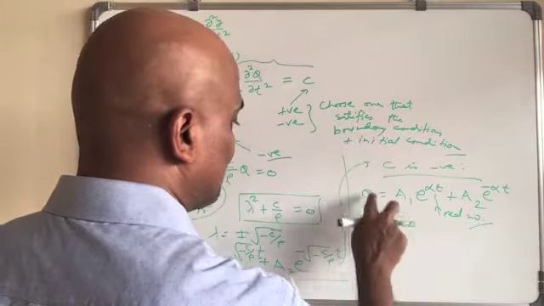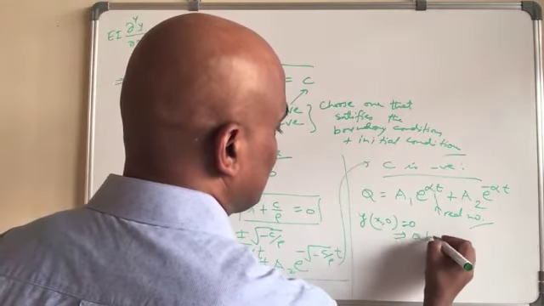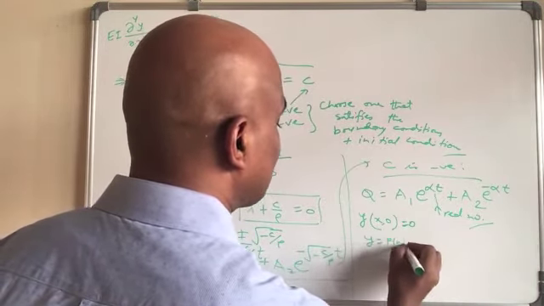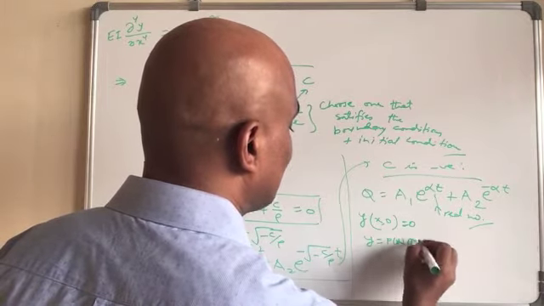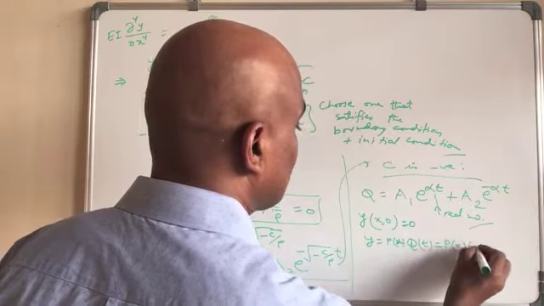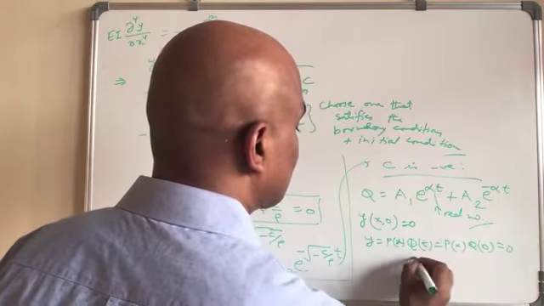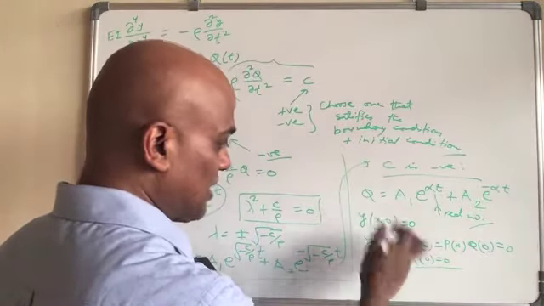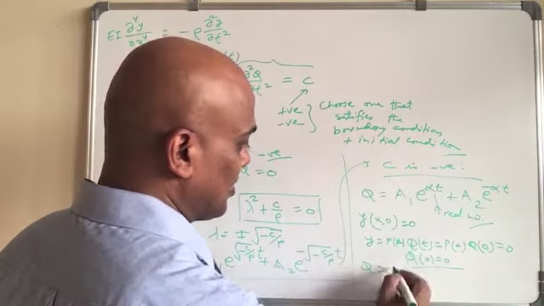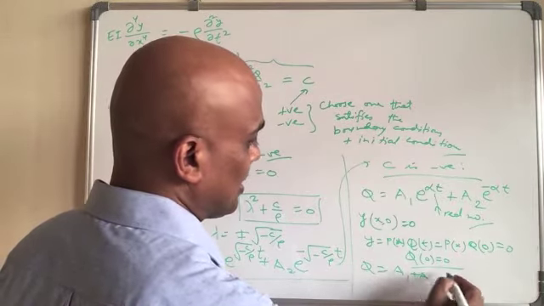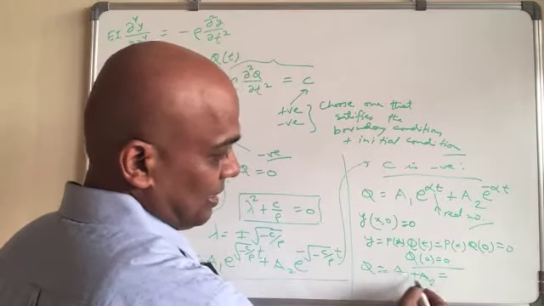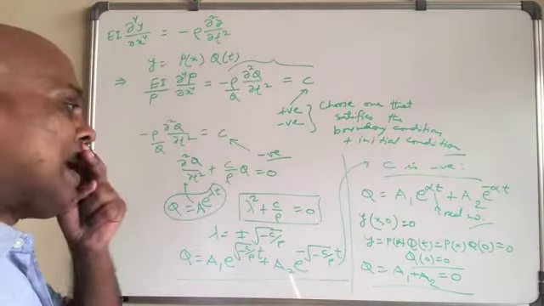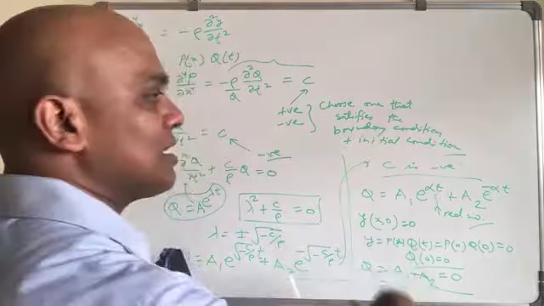That means y equal to p(x) times q(0), p(x) times q(0) equal to 0. That really means q(0) equal to 0. Hence, if you put q(0) here, q equal to 0, you get a1 plus a2 equal to 0.